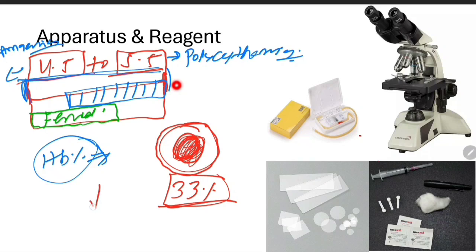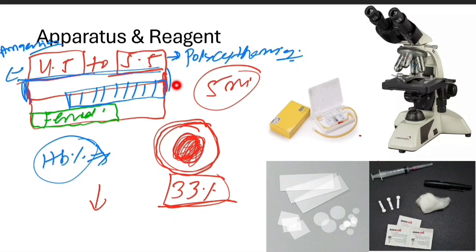It means if you decrease the number of RBC, the normal RBC count is suppose 5 million, and if your RBC is decreasing to suppose 3 million or 2 million, in that case obviously the RBC is full. Whatever RBC you have, the number is less, but suppose that RBC is fully filled with hemoglobin. Still, if you check, the hemoglobin percentage will be lower, because the number of RBC is less and hemoglobin is present in the RBC.